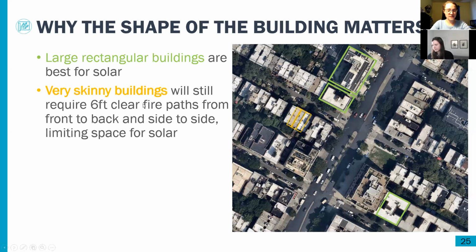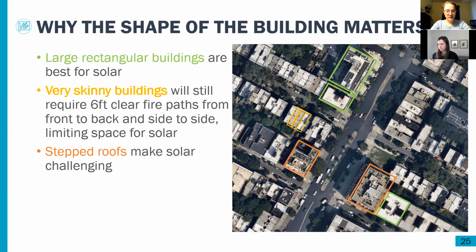So another consideration is that very skinny buildings, brownstones and 8-unit buildings or less, can often be a little bit more difficult, not impossible, but more difficult because FDNY requires a 6-foot clear path from front to back and side to side. And on these buildings, that 6 feet takes up a large percentage of the space. So there are ways to get around that, and it's definitely not impossible, but better to avoid if you can. And then stepped roofs, you could imagine, are a little bit more challenging as well because they reduce the contiguous area.